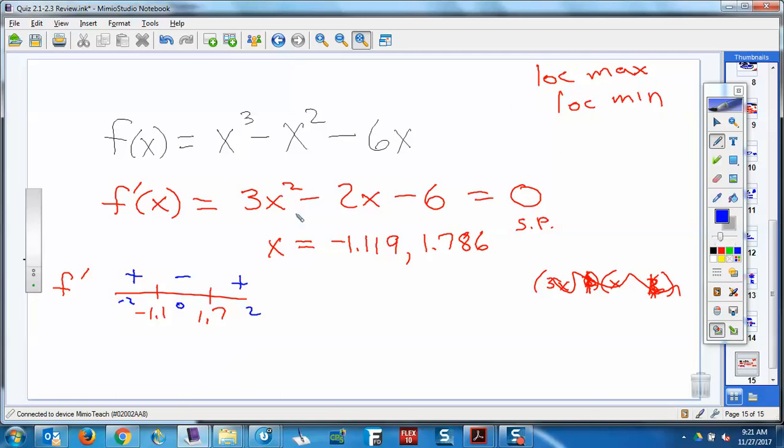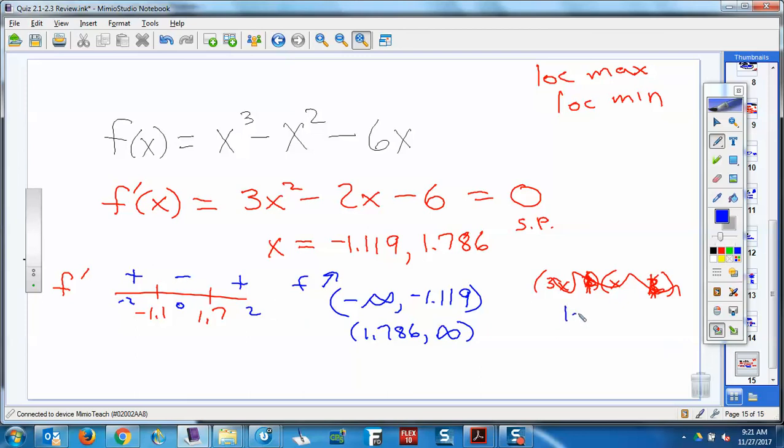If it wants to know where F is increasing, then you would say negative infinity to negative 1.119, and from 1.786 to infinity. That's where F is increasing, if that's what they wanted to know.